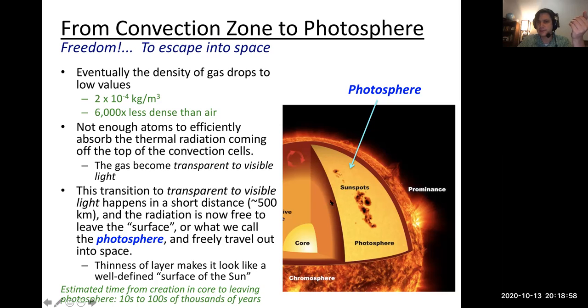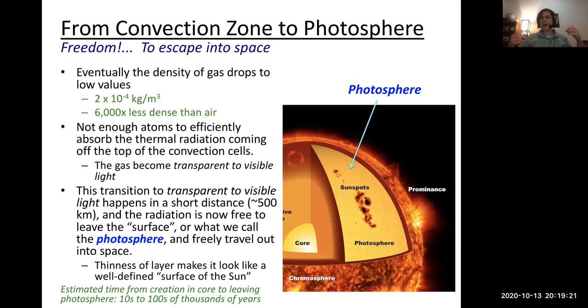So the black body that radiates at the surface temperature of the sun, all the light that's there, can freely go through all the layers above it. There's just not enough atoms there for that light to have a good chance of running into one and getting absorbed by that atom. So light is now free to escape to space.